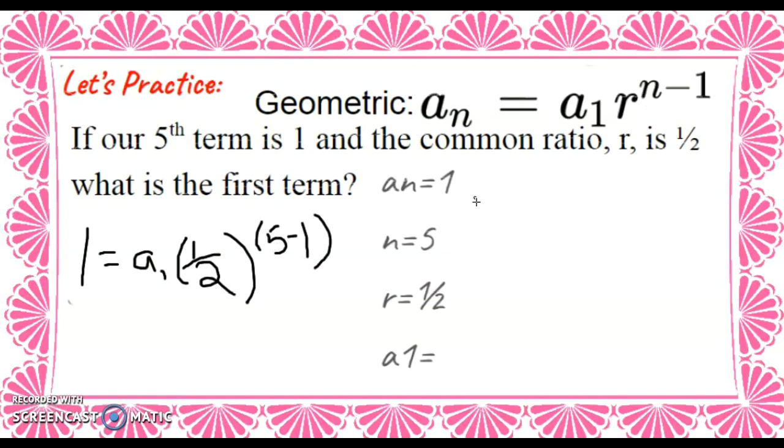So we've plugged in all of our givens and we're going to find the first term. So let's go ahead and simplify this. 5 minus 1 is 4. If you remember from your exponent rules, this would be 1 to the 4th over 2 to the 4th.